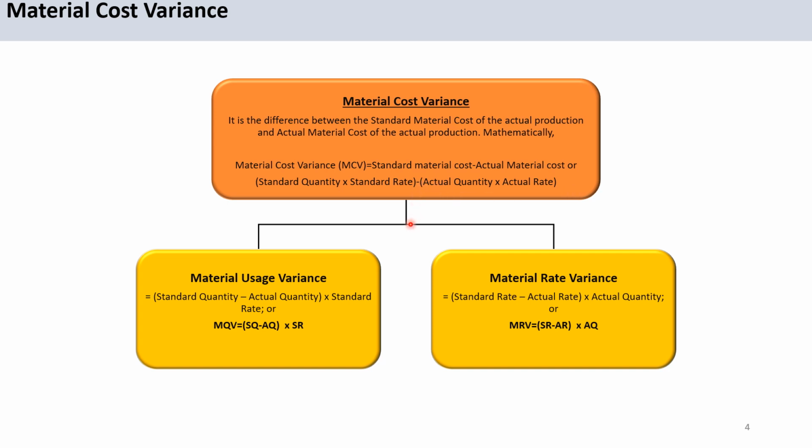And this can be further split into two parts: material usage variance, which is the standard quantity minus actual quantity multiplied by the standard rate, or we can say material quantity variance is equal to SQ minus AQ times SR. And the material rate variance is the standard rate minus actual rate times actual quantity, or MRV is equal to SR minus AR times AQ.